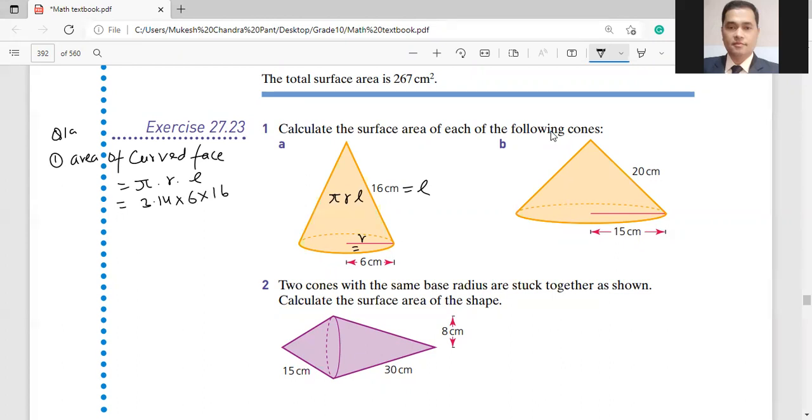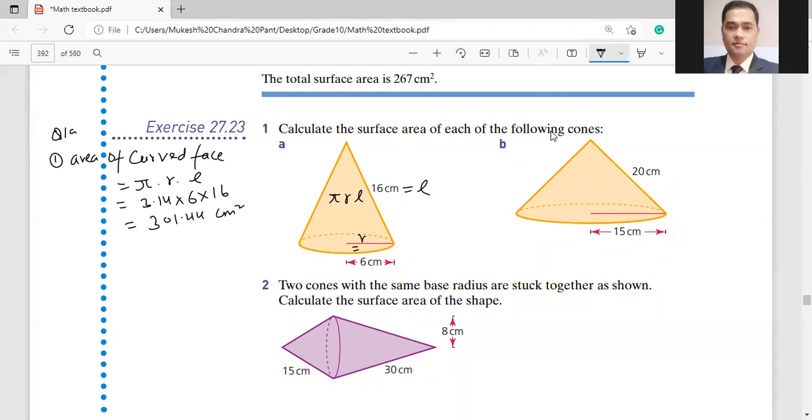Multiply it: 3.14 times 6 times 16 is 301.44 centimeter square. This is the upper curved face area.